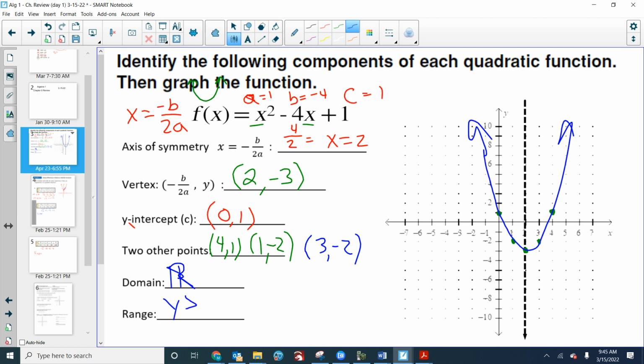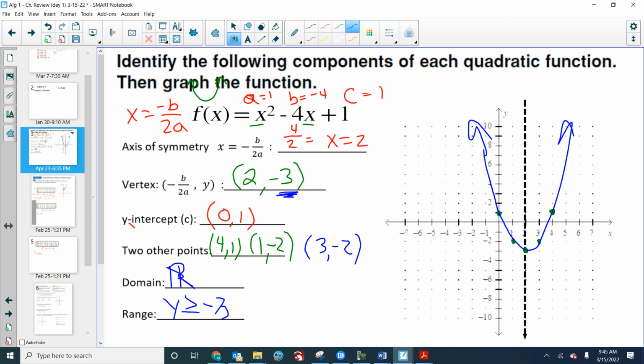Careful. Doesn't it equal -3? Yeah, it does. Greater than or equal to -3. Now, guys, can't you get that y value right there? It's part of your vertex. If it opens up, it's going to be greater than or equal to. What if it opens down? Less than or equal to, right?